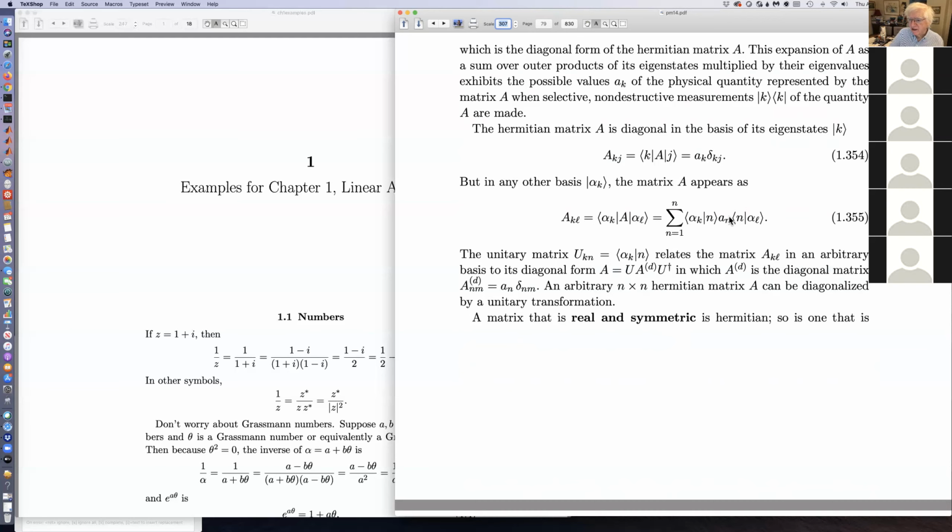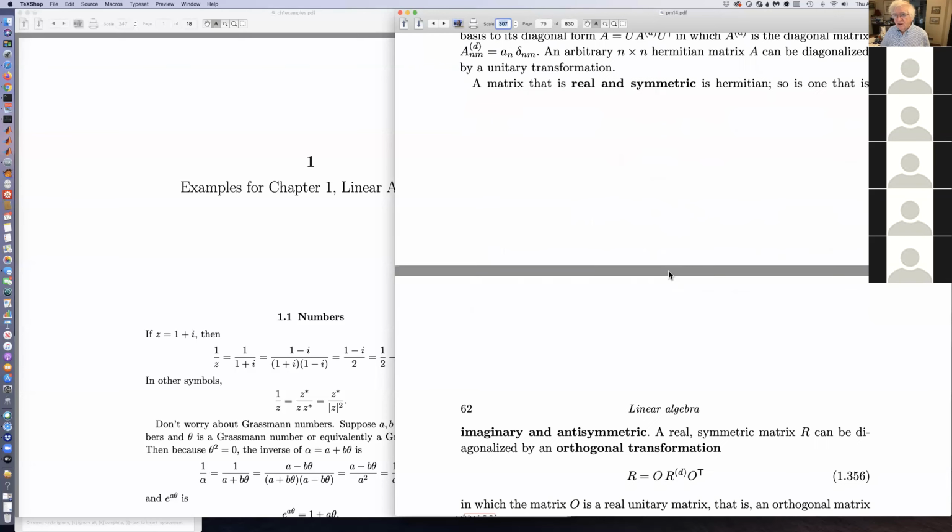A_KL would look like this, and these are the matrix elements of a unitary operator. These are the matrix elements of the adjoint of the same unitary operator. And what we have here is the expression A equals U, diagonal form of A, times U adjoint.